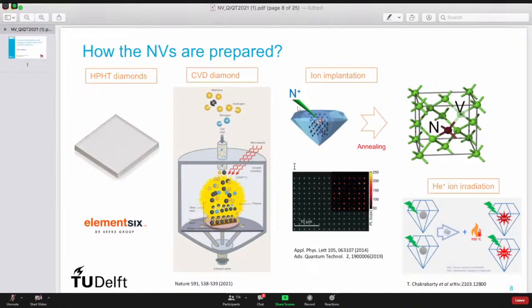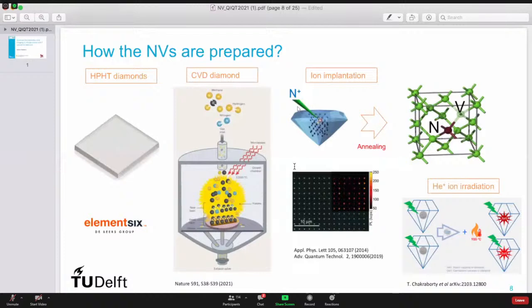So after the CVD growth, if an annealing is done at high temperature, what happens? There are some vacancies which are created during the growth. They become mobile, and then they start to move around and couple with these nitrogen atoms, and then they create the nitrogen vacancy centers.